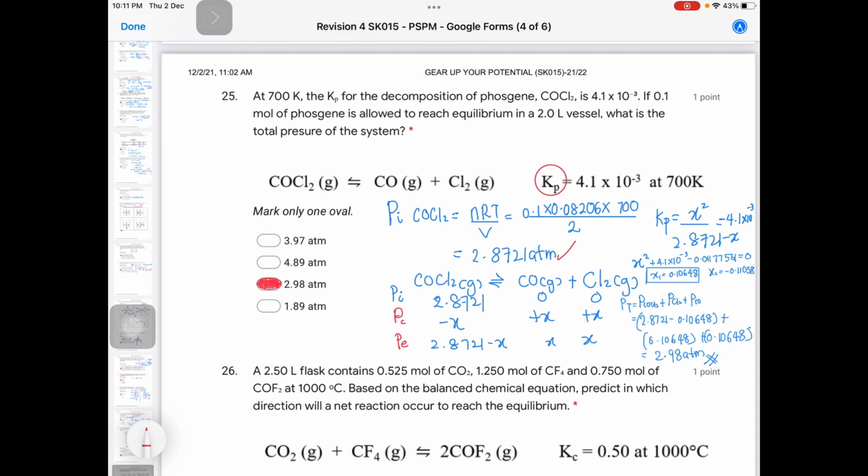So di sini kita boleh solve for x. Kita selesaikan untuk x, which is Kp sama dengan pressure Cl2 darab partial pressure CO over partial pressure COCl2 at equilibrium, which is given by x darab x over 2.8721 minus x.